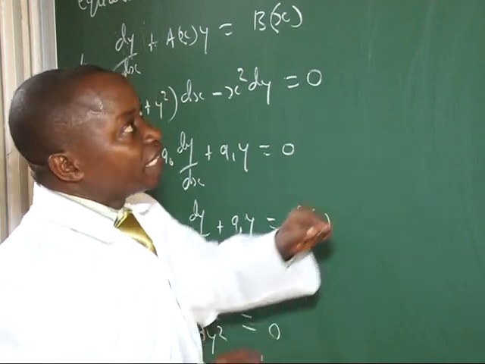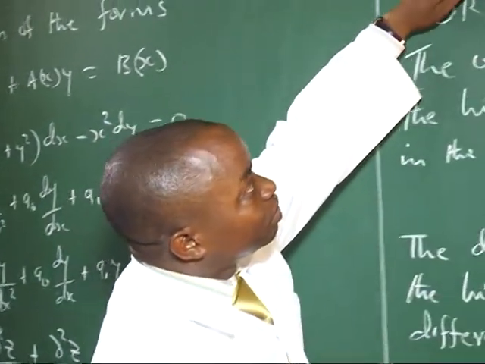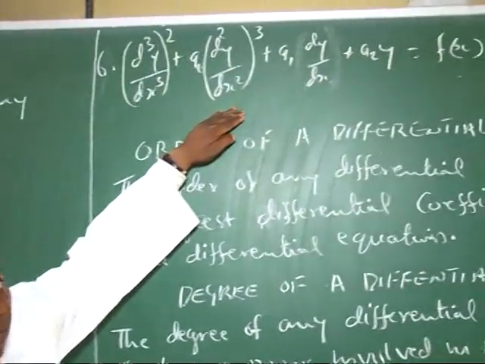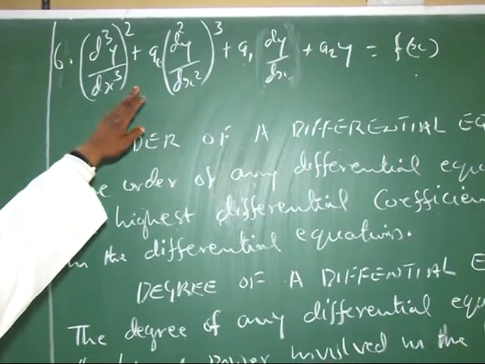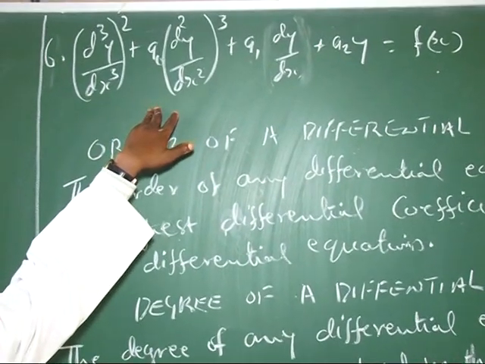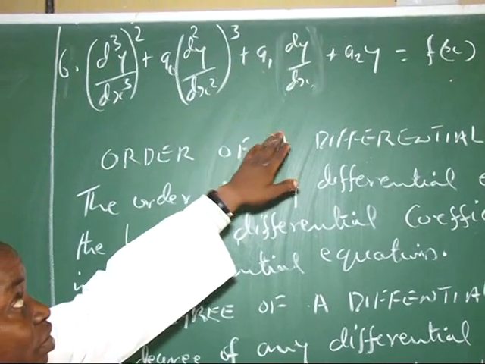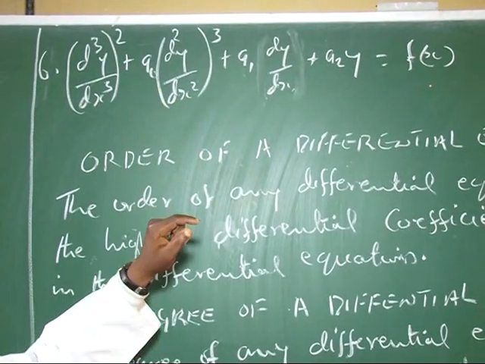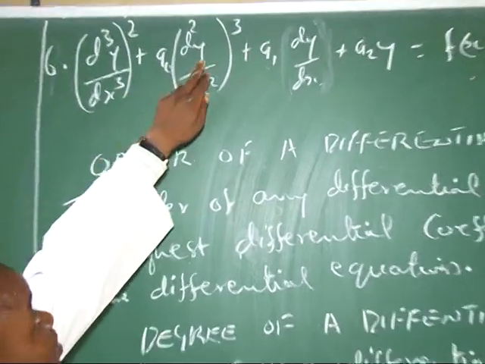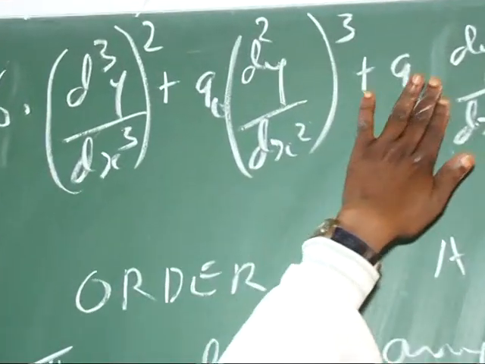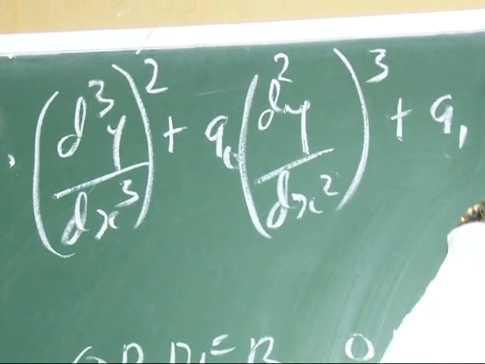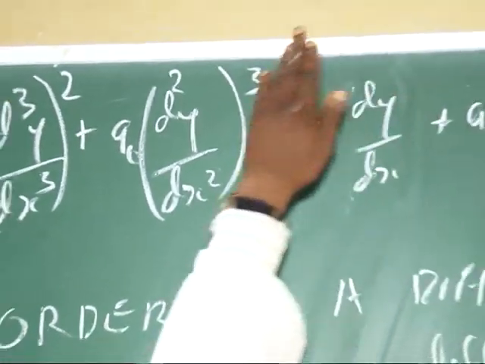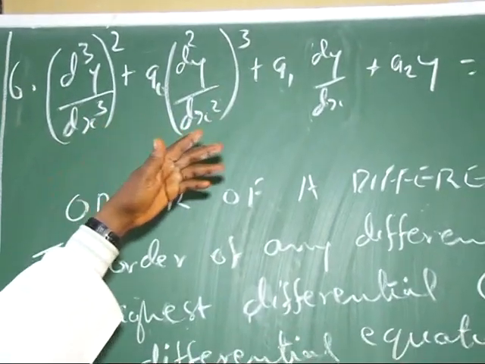Okay, and that is why this equation, look at this equation, differential equation number 6. It is a third order non-homogeneous differential equation of degree 2. Look at that, of degree 2. That was why there was something I wanted to put here, but I said let me remove it so that we can really see the picture very well.